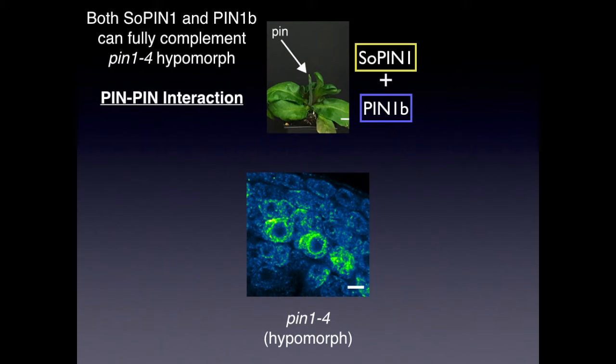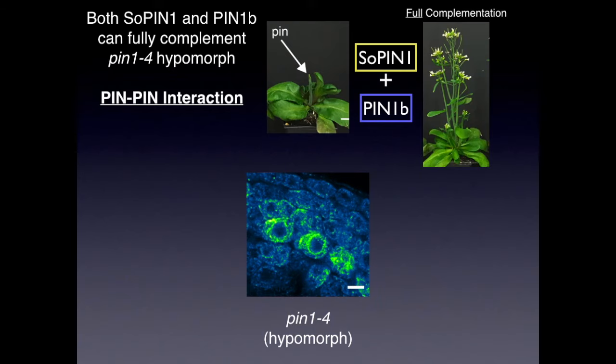But a bizarre thing happened, and this is kind of a wrench in the whole narrative I've thrown at you today. When you complement this allele with sister of pin1 and pin1b, both complement perfectly, okay? And by perfectly, I mean these make seeds this time, whereas when sister was complementing the null allele, we didn't get any seeds. Now we have full complementation.